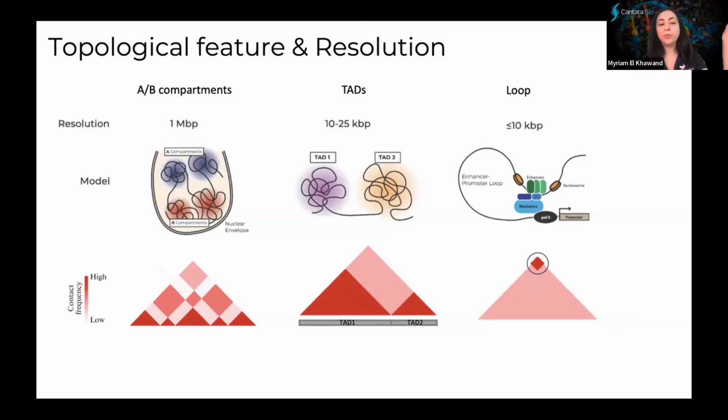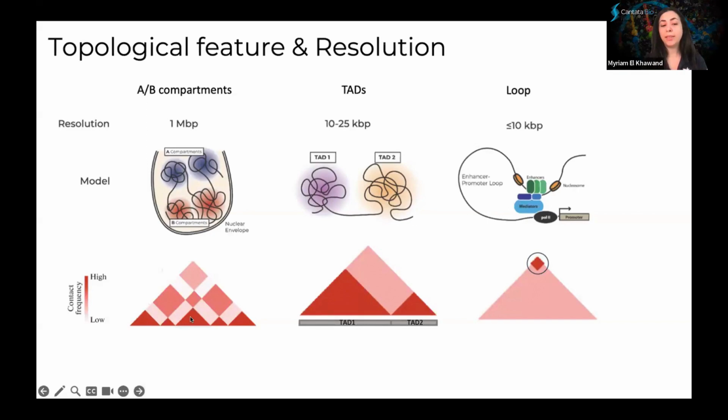So in a way, when you visualize those AB compartments on a Hi-C contact map, what you're going to see is this checkerboard pattern. And what this is showing you is a reflection of alternating regions of high and low interaction. So let's take a look at this. What this heat map is showing is that this domain and this domain don't interact much with each other.